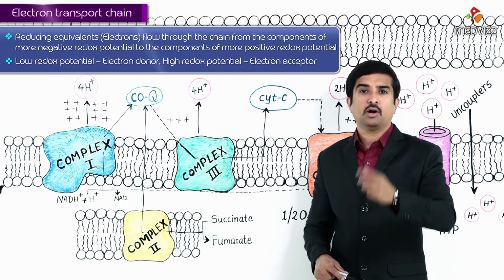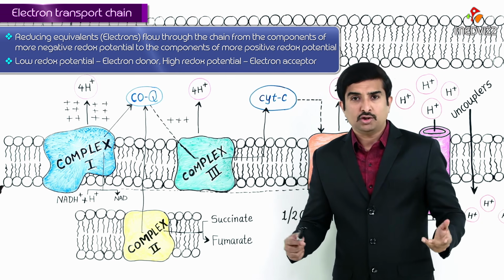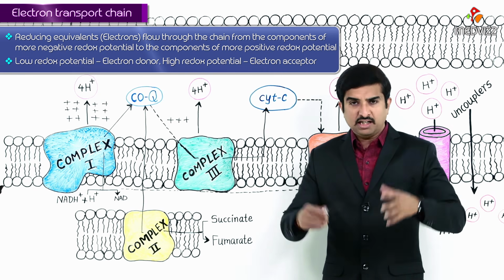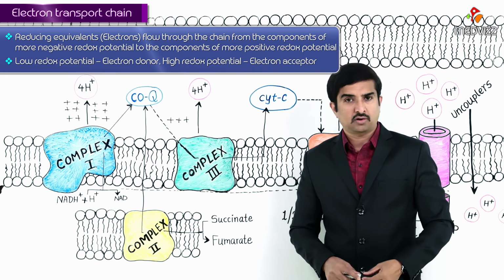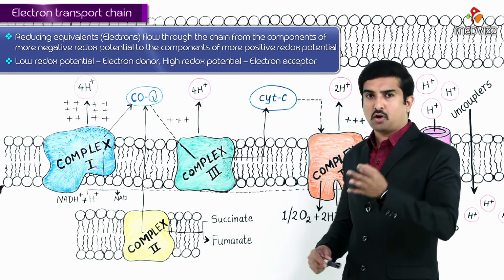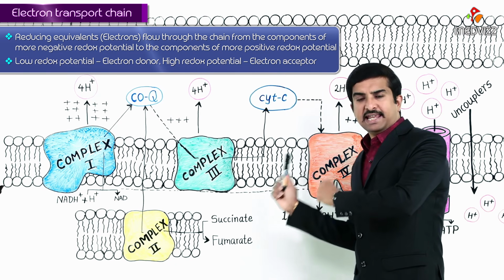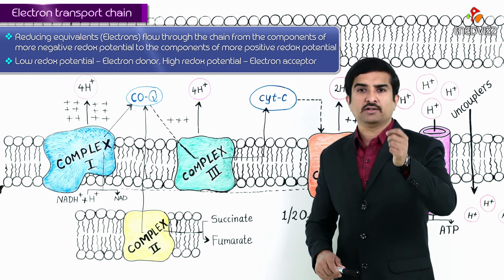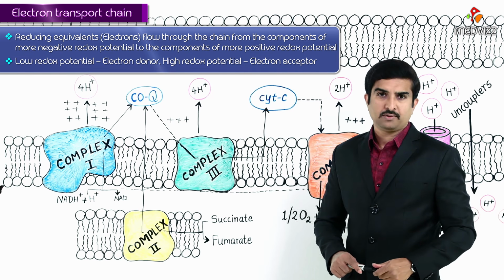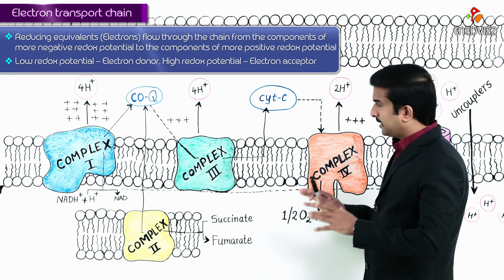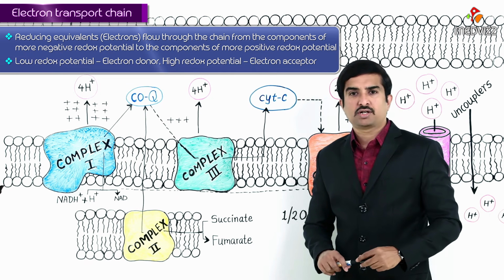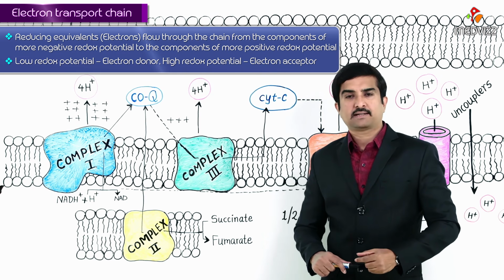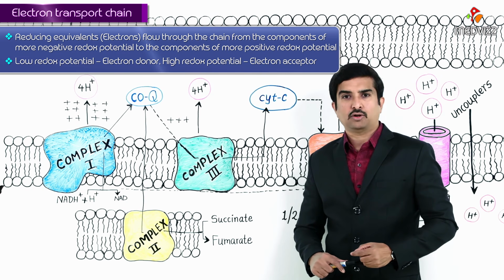This is the theory behind the electron donor as well as electron acceptor. That's why these reducing equivalents called electrons flow through the chain from the components of more negative redox potential to the components of more positive redox potential. This is the basic understanding about the transportation of electrons along the complexes of the inner mitochondrial membrane.